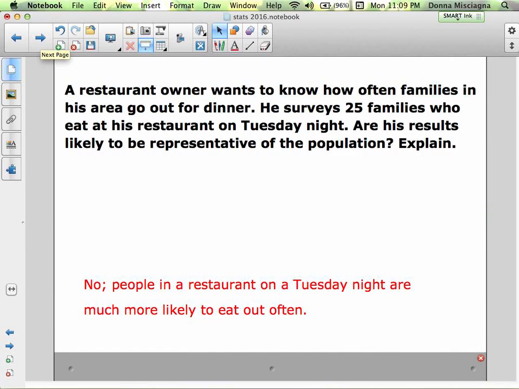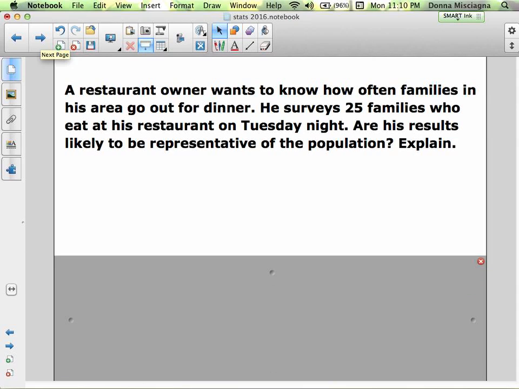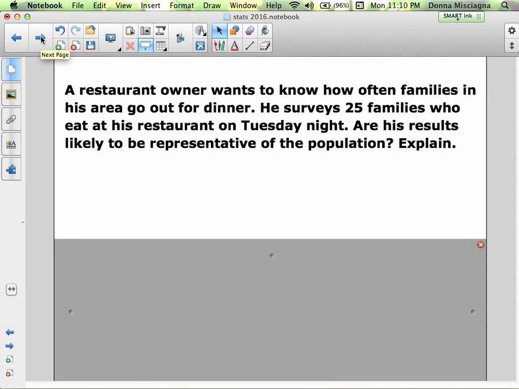People in a restaurant on a Tuesday night are much more likely to eat out often. Tuesday is not a common day people tend to eat out, and it's also kind of a convenient sample because they were just the families who ate at his restaurant. So that's a Tuesday night. I think I'll just ask these people. So that was a biased sample.